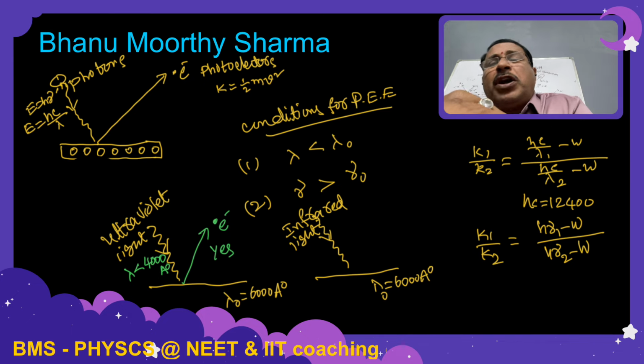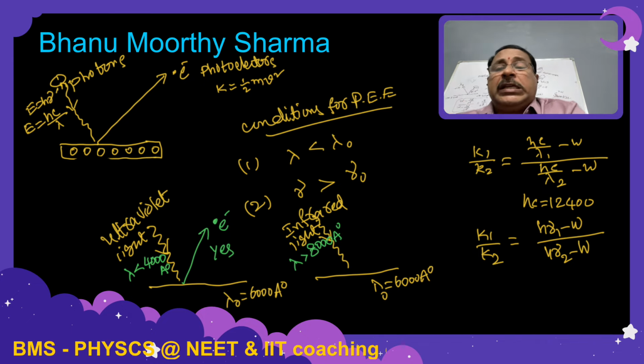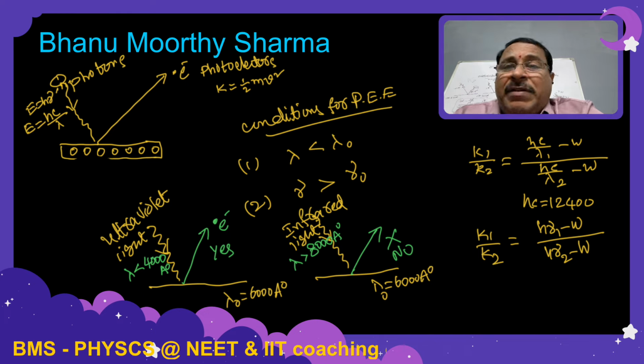The wavelength of infrared radiation, which is also a part of the electromagnetic spectrum, is greater than, near about 8000 angstrom, which is greater than the threshold wavelength of the metal. So this condition is violated. So the condition is not satisfied in this case. So the metal does not receive sufficient energy, so it does not emit electrons. No electron will be ejected from the surface.